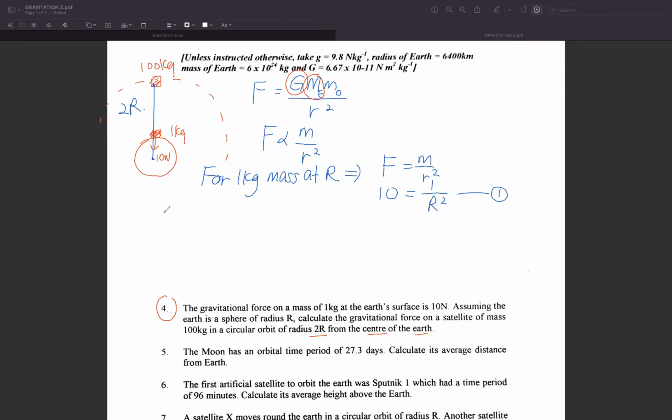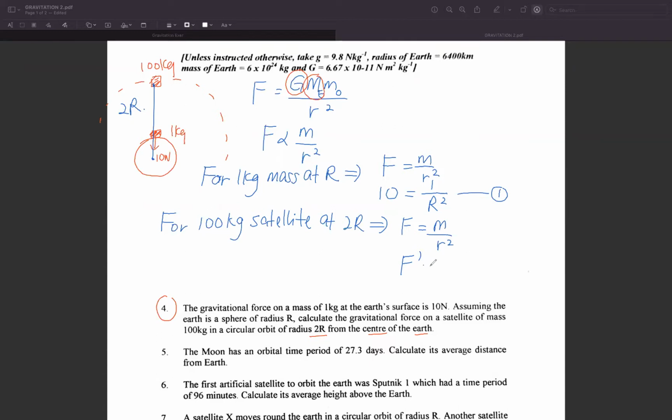Okay, then I will create one more for the 100 kg satellite at 2R. We use the same equation, F equals to m over r squared. So I'm going to use a new symbol F dash, because this is the one I want to find, right? The force acting on this thing. It cannot be the same as this one.